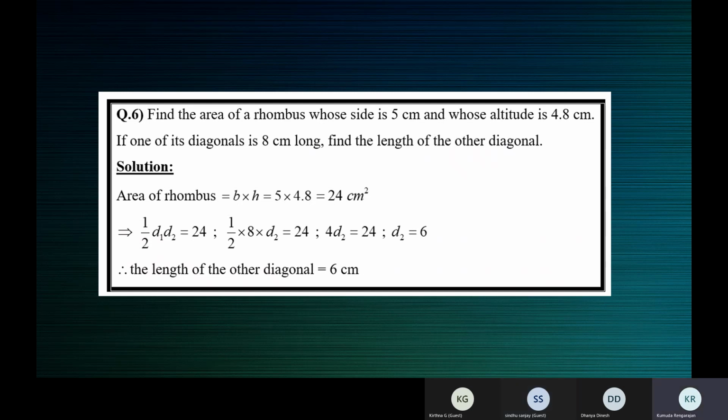Okay, let me know once you're finished. All right. Kirtana? Oh, 1 minute, I'm doing it.